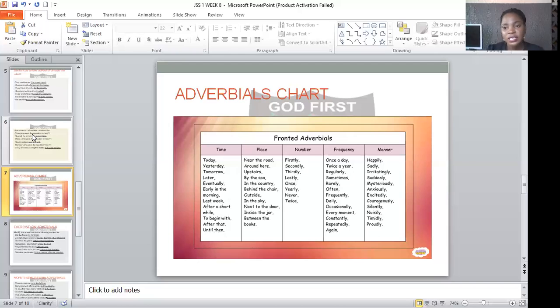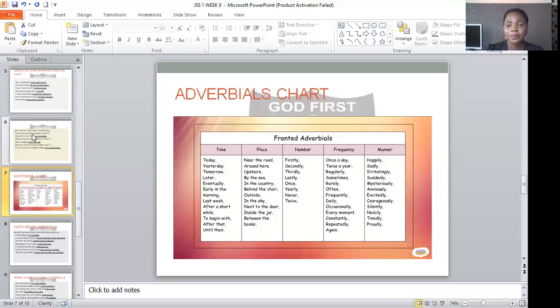Number, we have firstly, secondly, thirdly, lastly, once, yearly, never, and twice. Frequency: once a day, twice a day, regularly, sometimes, rarely, often, frequently, daily, occasionally, every moment, constantly, repeatedly, again.